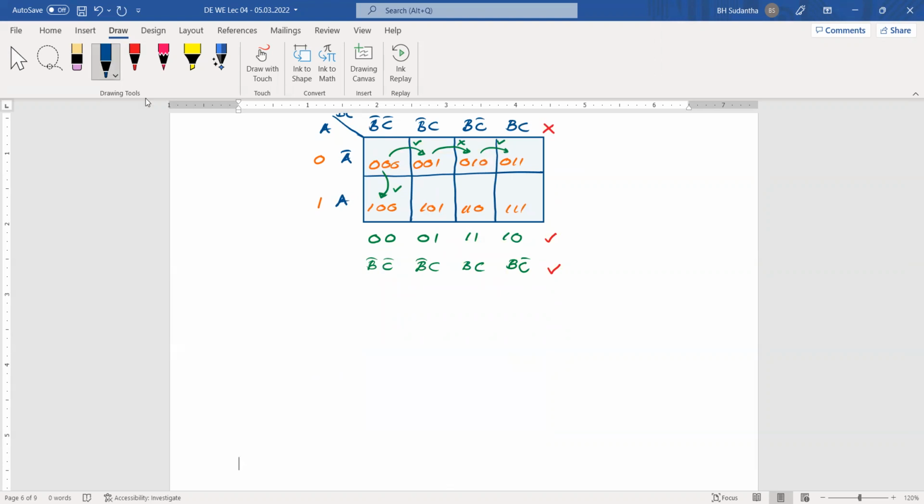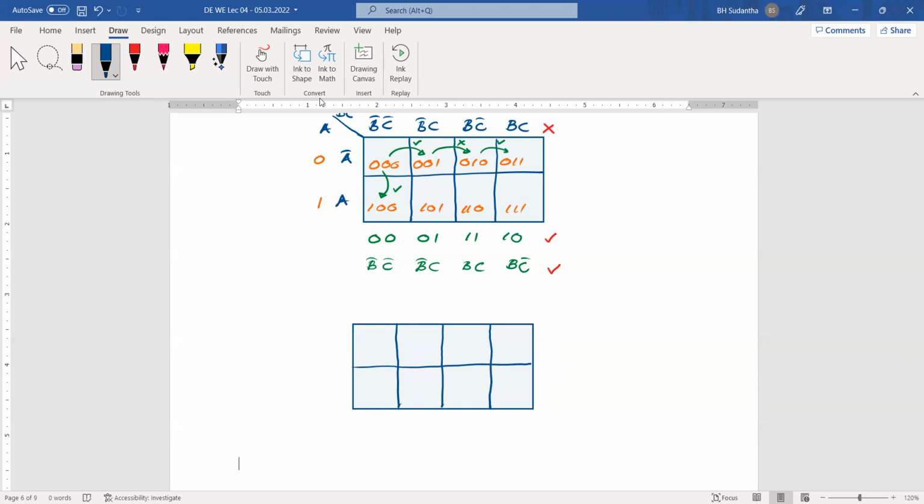Then we will draw the correct map here. This is side BC.